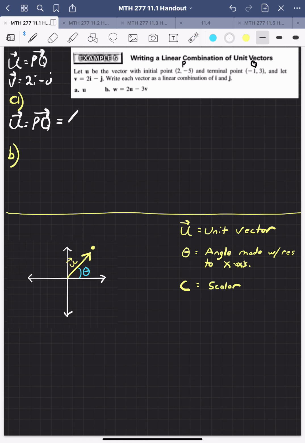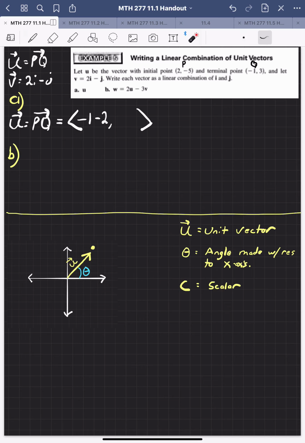we're going to subtract, right? So let's start with Q. It's going to be the -1 x component minus the x component of P, so -1 minus 2.